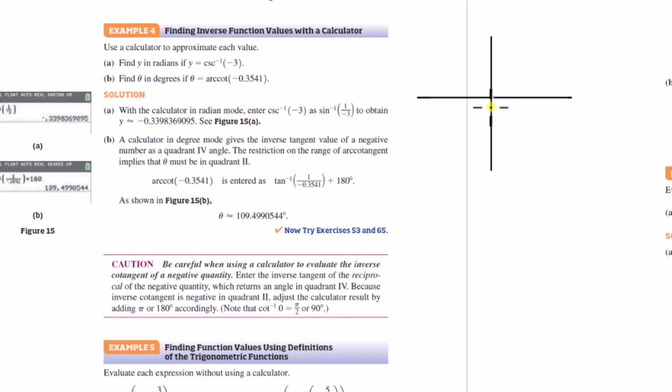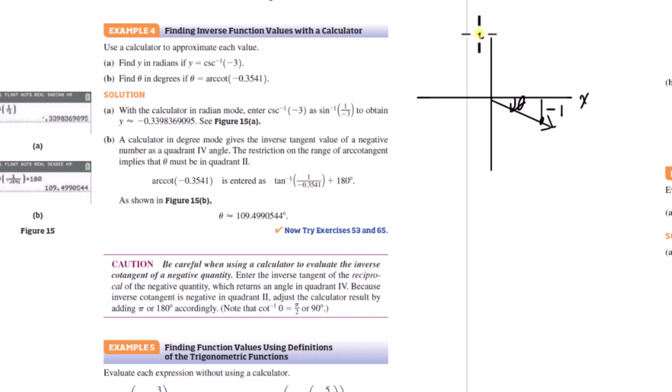Cosecant is hypotenuse over opposite, so the hypotenuse has length 3 and the opposite has length minus 1, because we're going down.